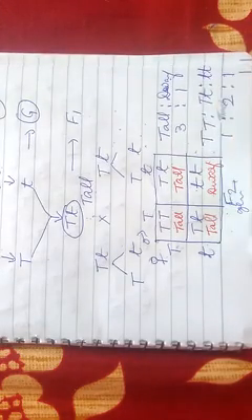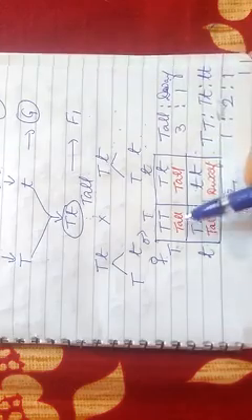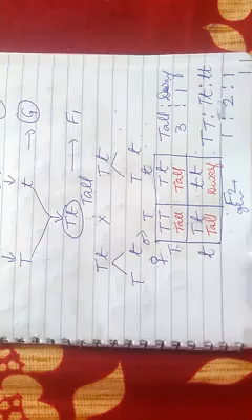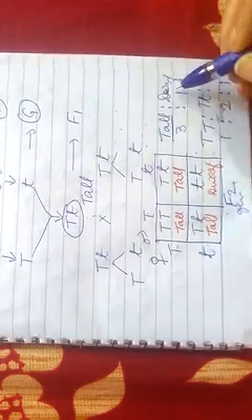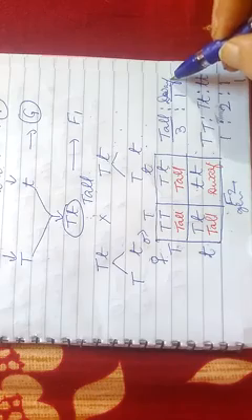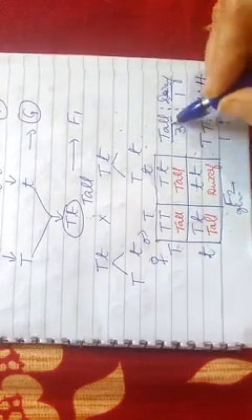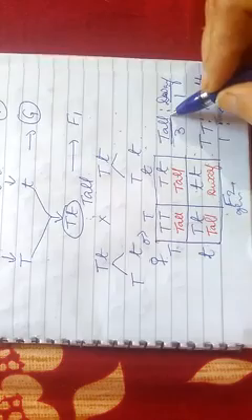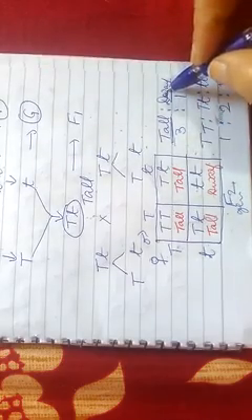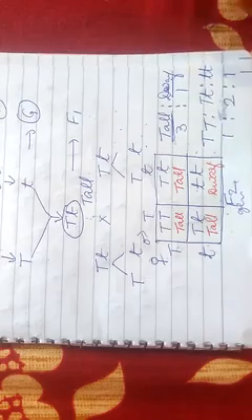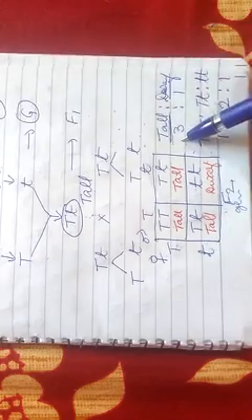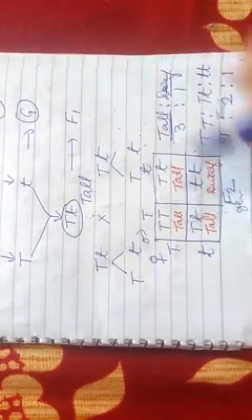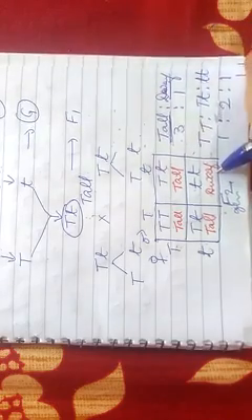Now we have to count how many types of individuals we have got in this generation. Morphologically we have got two types of individuals, tall and dwarf, right? So this is the phenotype. Only two types of individuals we are obtaining, and out of these two types of individuals, how many are tall? 1, 2, 3. So I have written 3 over here. And how many dwarf?